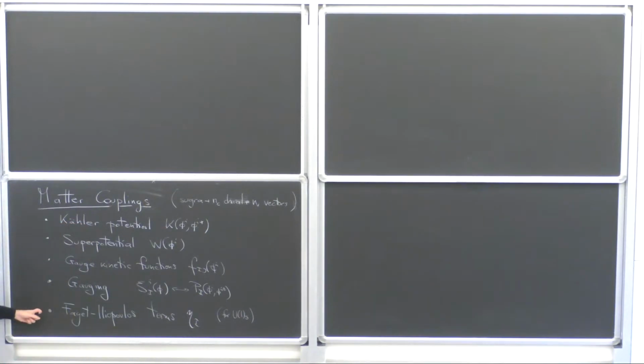And then if you have abelian factors in your gauge group, you're also allowed to introduce Fayet-Iliopoulos terms, which are constants, which can introduce an additional source of supersymmetry breaking.